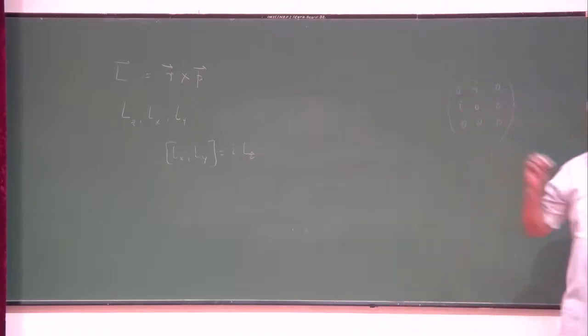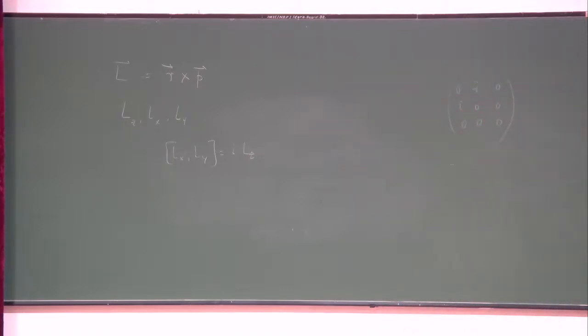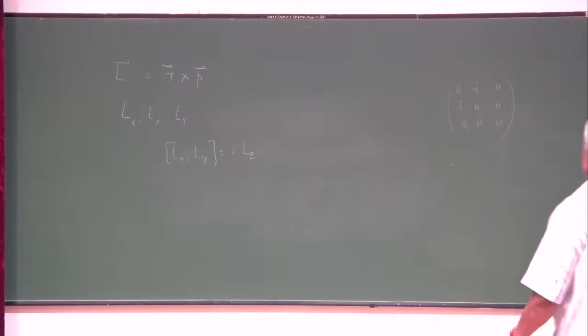If I keep this as Lz, similarly I work out Lx, similarly I work out Ly, and find the commutation relations of these matrices. Matrix multiplication all of you are familiar with. You can multiply 2 matrices, AB minus BA. You will find exactly identical results.